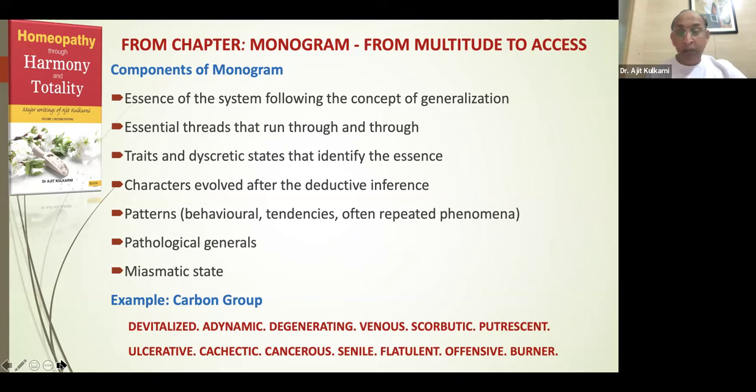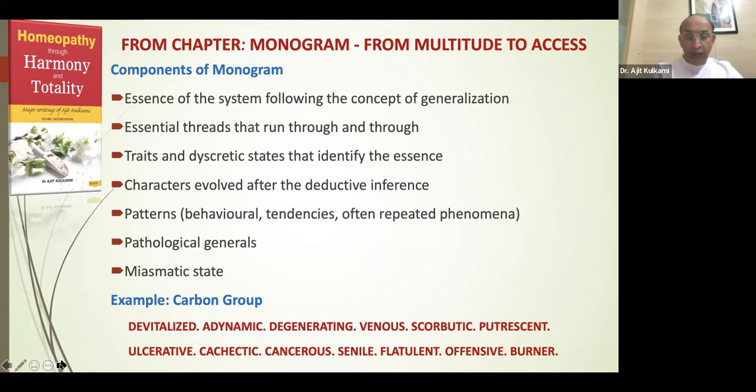So there is an inflammatory debris, including the slough and suppuration, for which carbon remedies are very well known, especially Carboneum sulphuratum, Carbo animalis, Carbo vegetabilis: ulcerative, cachectic with emaciation, cancerous, senile, flatulent, offensive, and burning.